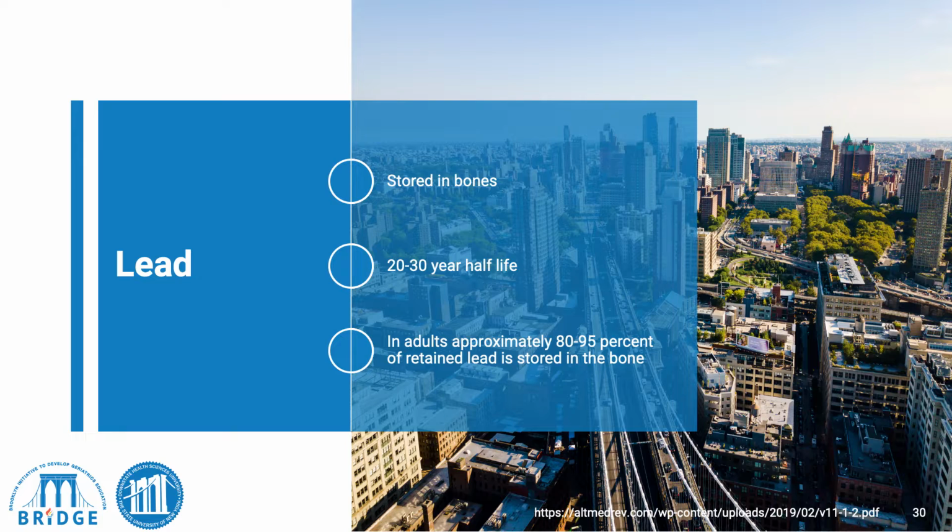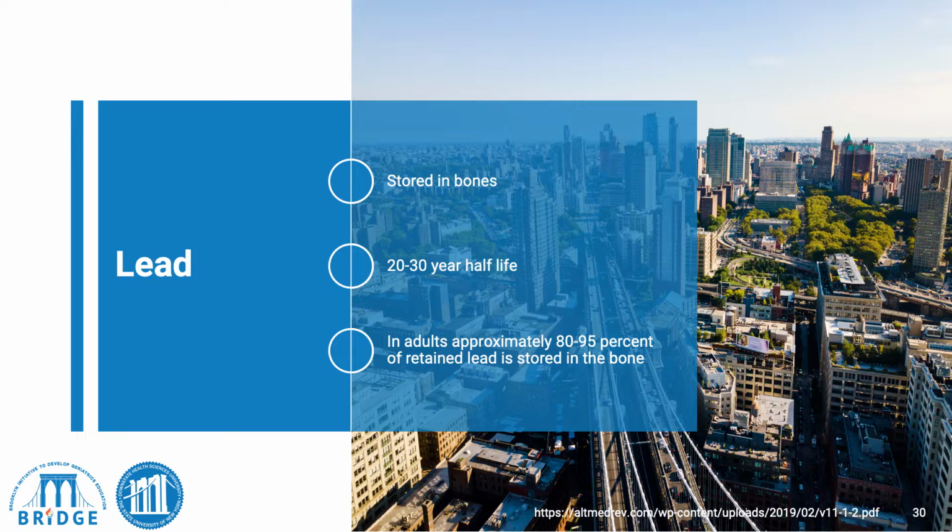Lead has been around for a long time, and there's been a variety of regulation with lead that has tried to reduce exposures to lead. However, when we're thinking about an older population, we know that the regulations that have been put in place in the 1970s and beyond in terms of lead would not necessarily make a difference to exposures that an older population may have had in younger life. So another issue with lead is that it is stored in bones.